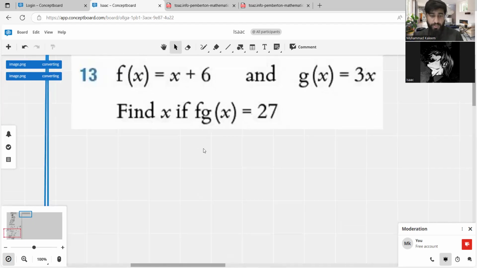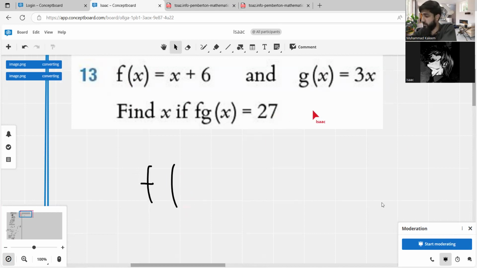I think you are on the Zoom, right? Isaac, are you on the Zoom or on the board? Yeah, I'm going to the board now. Okay, try to solve this one. Yeah, good.